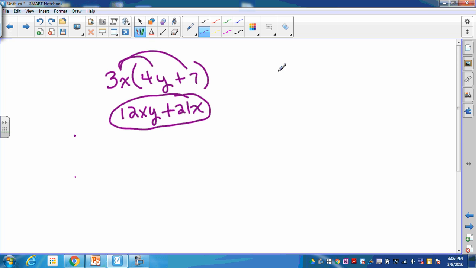Okay, so let's skip over here and let's do binomial times a binomial. Here's where you, again, we called it FOIL. We did the box method before.